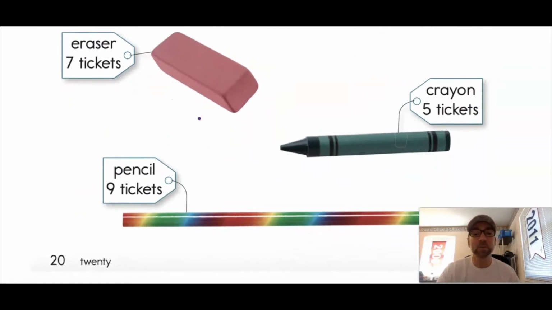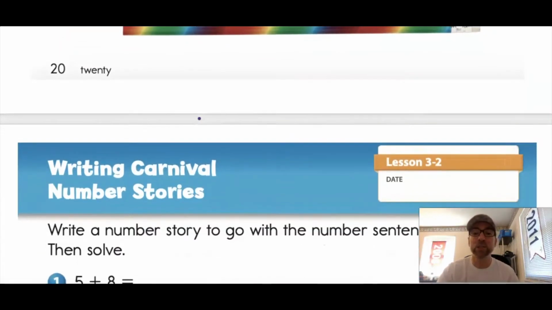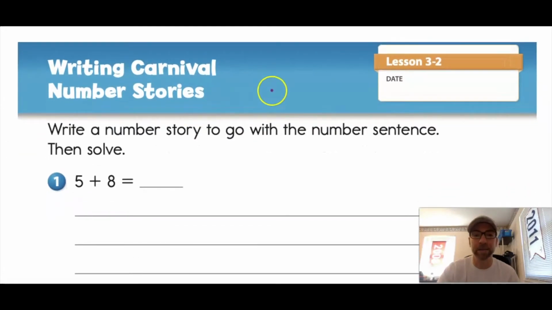Today, we're going to be working on Math Journal page 21. It's right next to it. So you want to look for the very next page, page 21. And this page is called Writing Carnival Number Stories. We're going to write a number story to go with the number sentence.